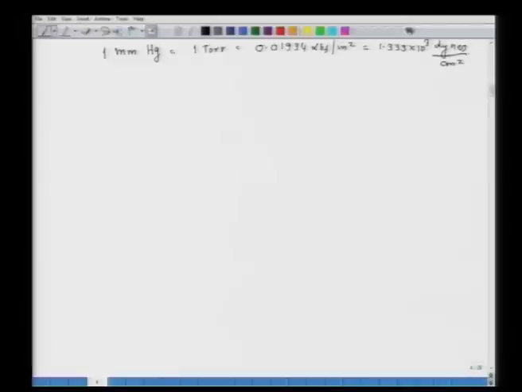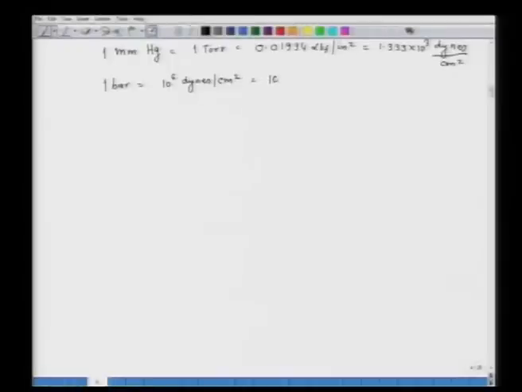Also many times 1 bar is a unit. So, 1 bar is equal to 10 to the power 6 dynes per centimeter square. Now, dynes per centimeter square is the unit of pressure in the CGS system, that is equal to 10 to the power 5 pascals, and that is equal to 0.98692 atmosphere. So, this is about the pressure.